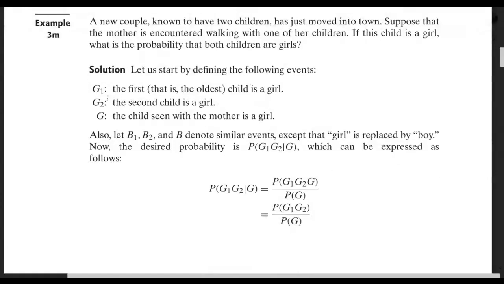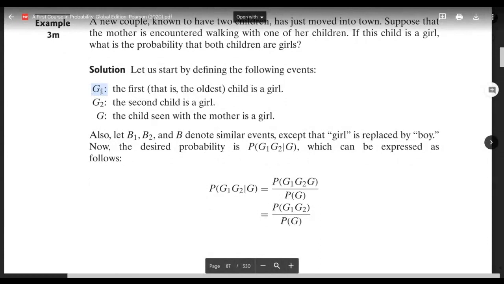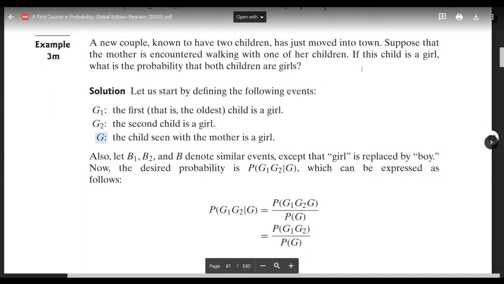So let's name some events. G1 means the first child is a girl. G2 means the second child is a girl. G means the child walking with the mother is a girl. That's already given, right?